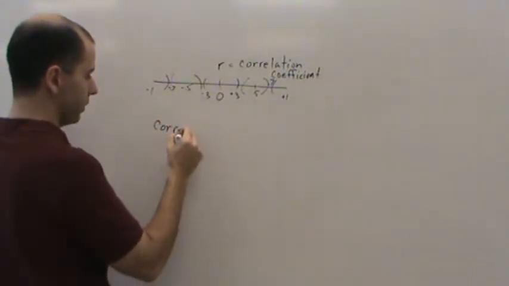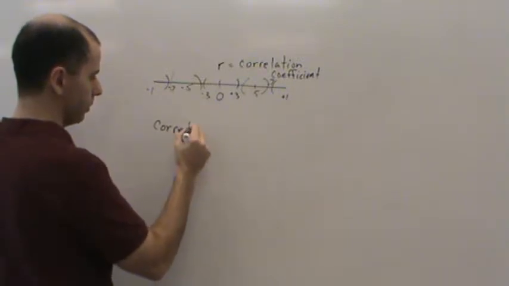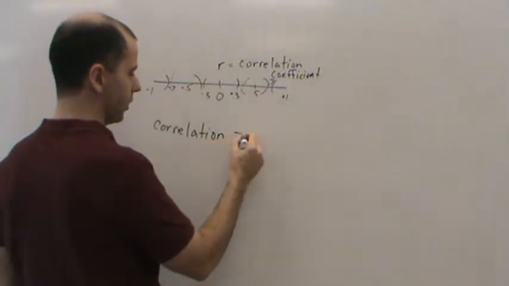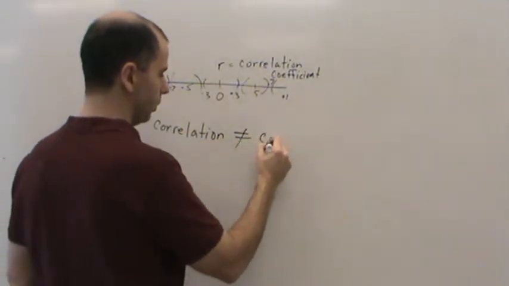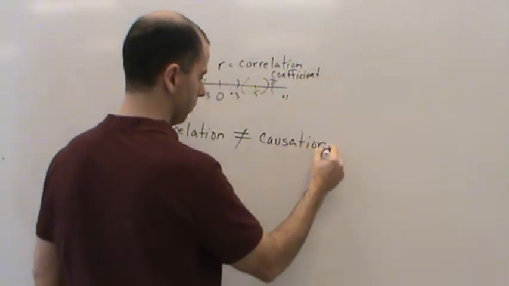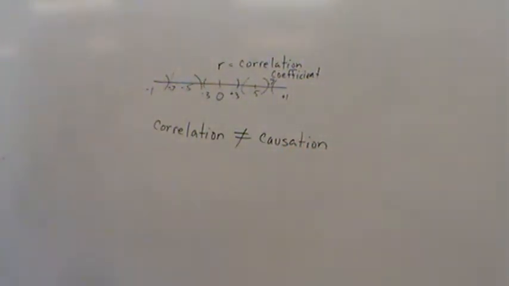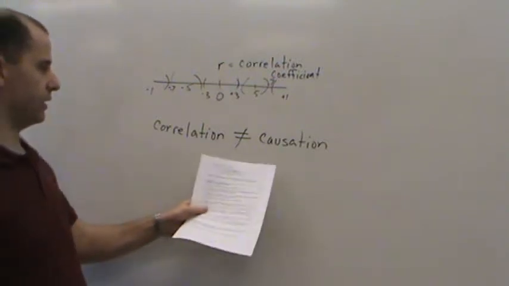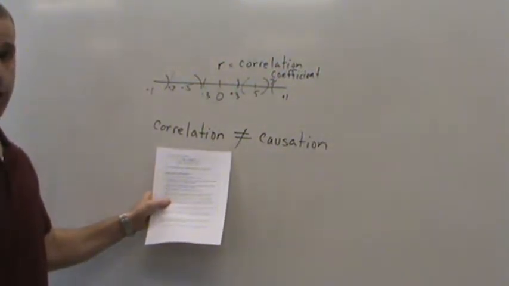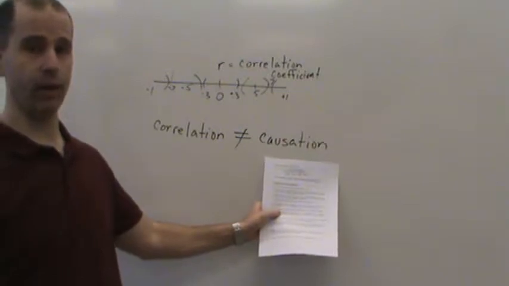the phrase: correlation does not equal causation. So remember this phrase. Correlation does not equal causation. Meaning, just because two variables are closely correlated and there's a strong relationship between the two, does not mean that one is causing the other.